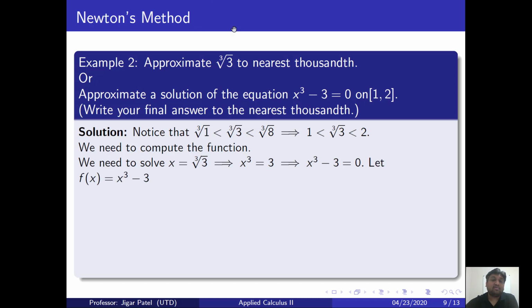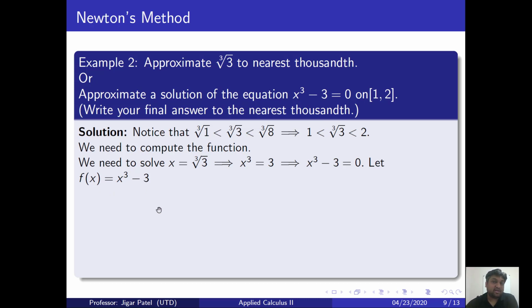That's how I get this equation. So whatever number you would like to approximate, label it as x. Then get rid of the radical power by applying some integer power on both sides. Once that is done, shift everything to the left, make the right side 0, and you will get your equation. In that equation, label the left side as your function.